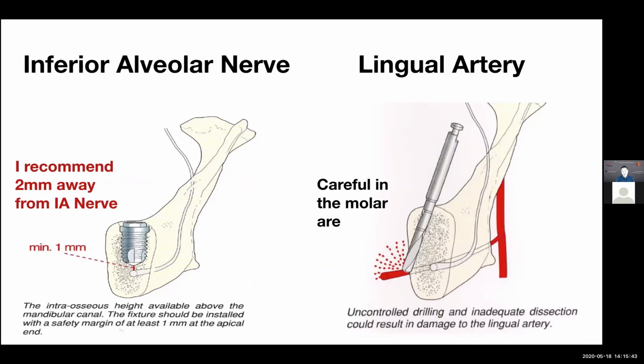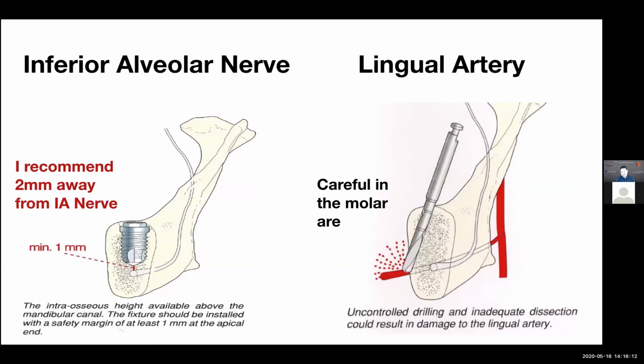And then in the posterior, you have to be careful of the lingual artery of the mandible, because there's a lingual artery that goes in the area of the molar area. If you go lingually, you could go through the lingual plate and hit the lingual artery. The problem with the lingual artery is if you hit it and it bleeds, you hear about this all the time in dental school, that it can kill a person.